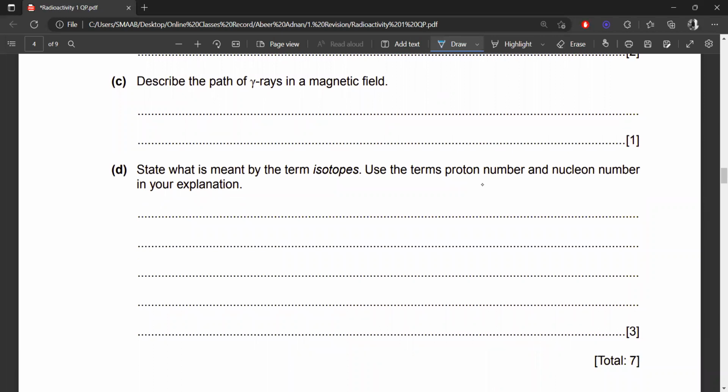And state what is meant by the term isotopes. Use the terms proton number and nucleon number in your explanation. Atoms of the same element having the same number of protons but a different nucleon number. Yes. So that is also the same concept, just like in chemistry.